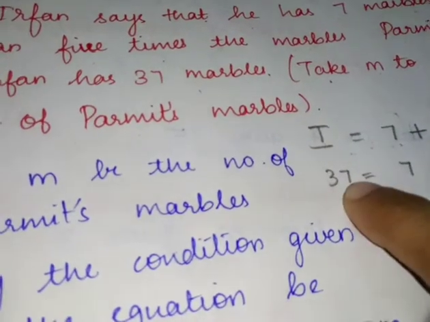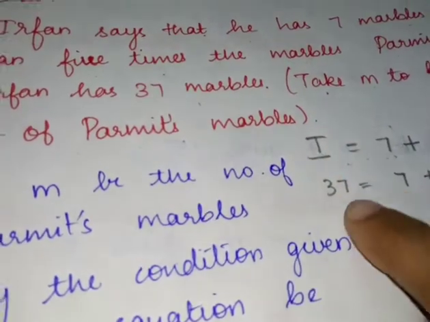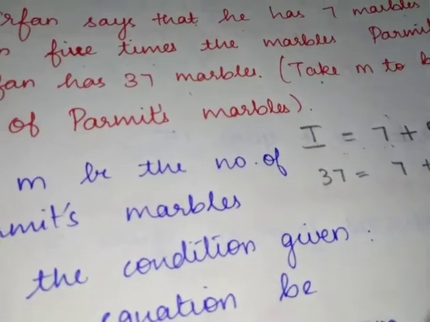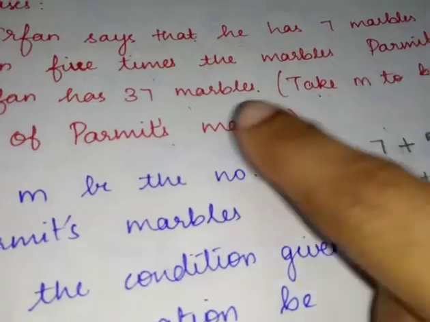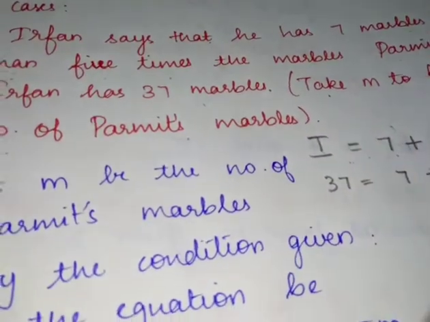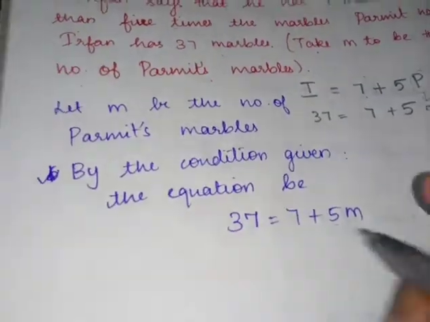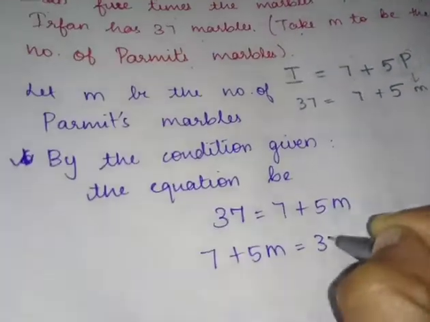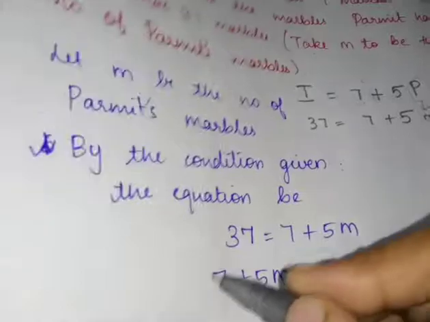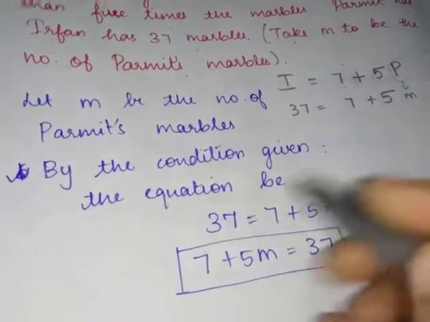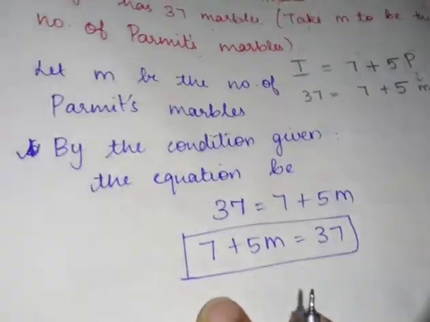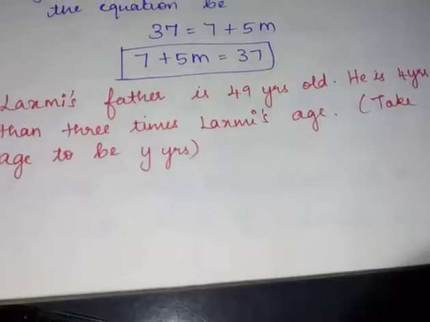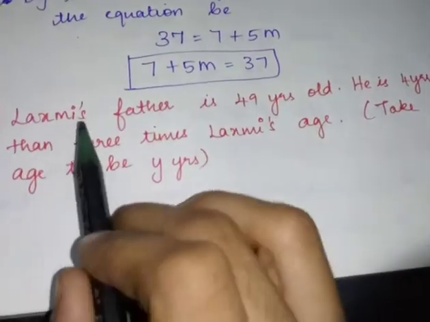Irfan is having 37 marbles, so I am putting 37 equal to 7 plus 5M, taking Parmit's marbles as M. You can write like this also: 7 plus 5M equal to 37. Understood?